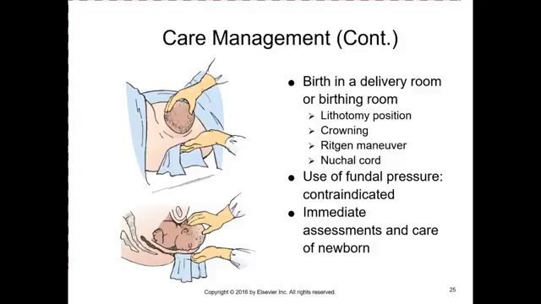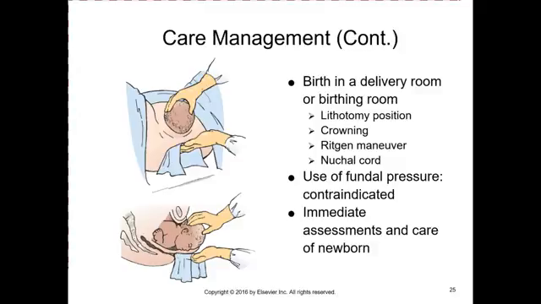Let's talk about use of fundal pressure. Fundal pressure is gentle application of pressure against the fundus of the uterus. So remember, the fundus is the top part of the uterus. So fundal pressure is when you would push down on the top part of the uterus. It's contraindicated during a vaginal birth.